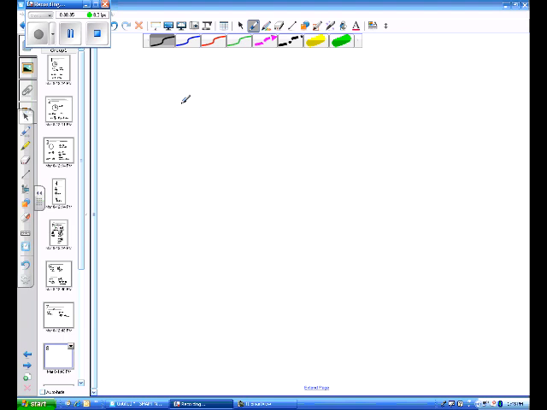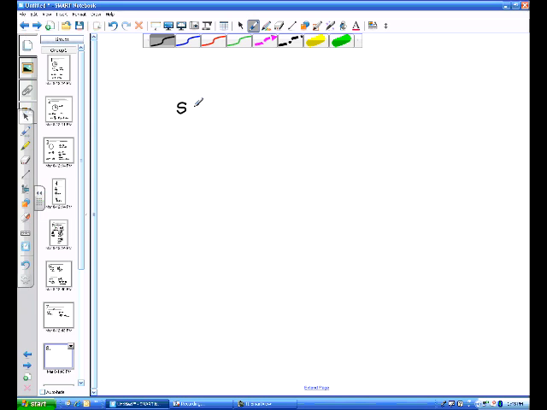Okay, let's think of our linear velocity. And we know that linear velocity is equal to our radius times our central angle. We know that. That's our distance, excuse me, not linear velocity. Distance is equal to the radius times the central angle.